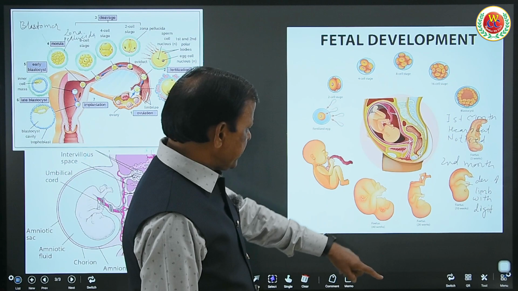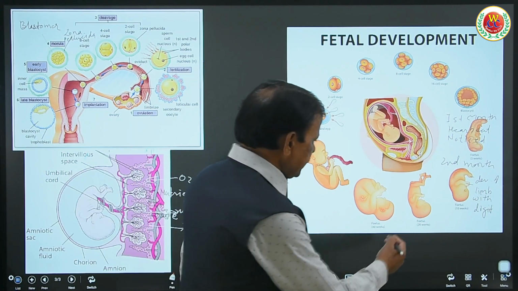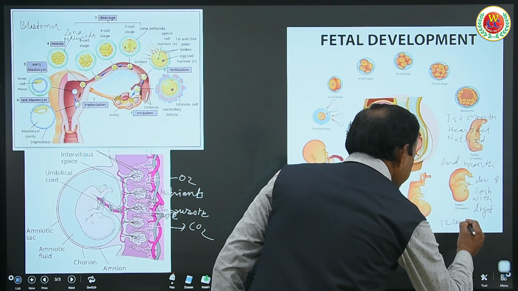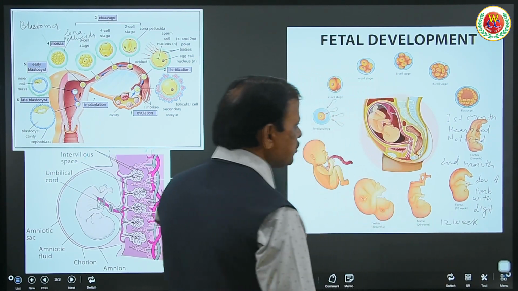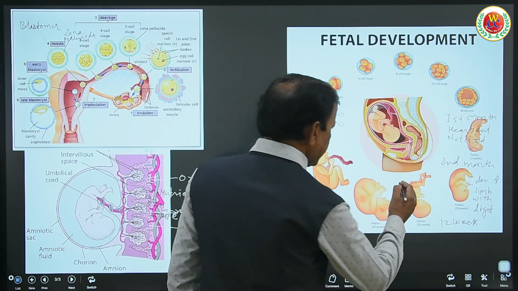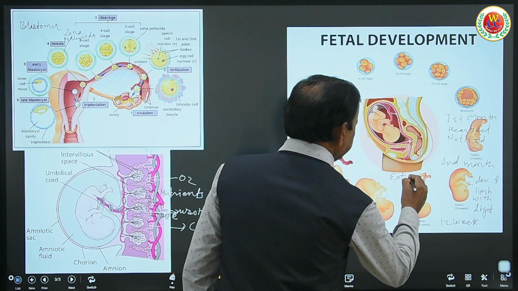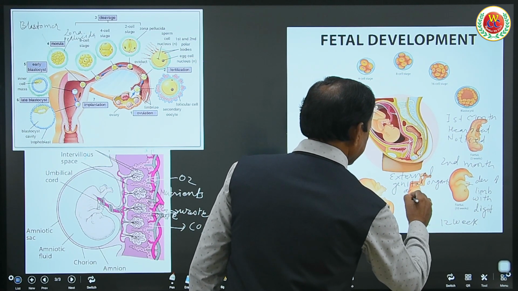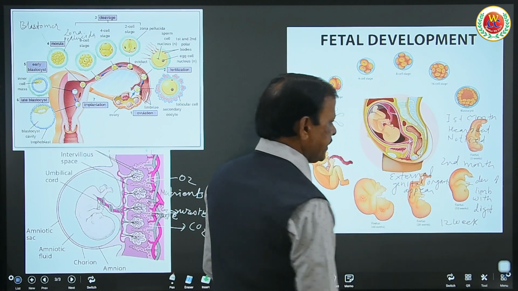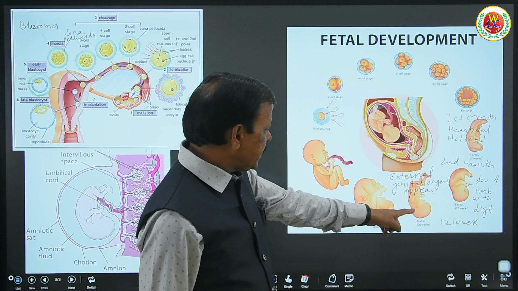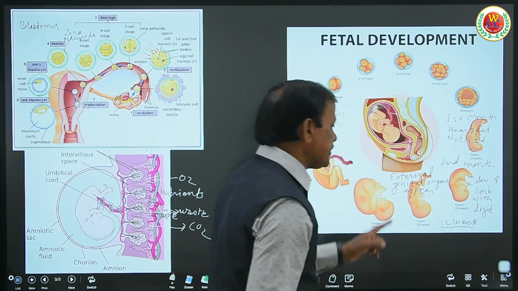Now after 12 weeks, that is first trimester, I write here 12 weeks to understand that most of the major organs are developed. External genitalia appear. So here I write external genital organs appear, and limbs are completely developed. See, legs and hands are completely developed. That is after 12 weeks. That is my first trimester.